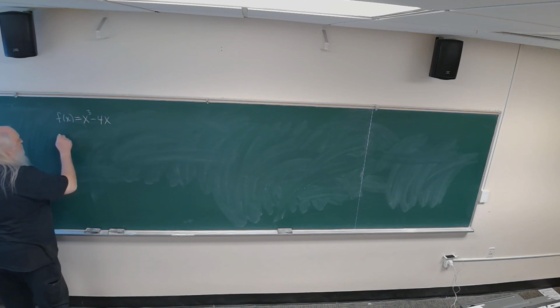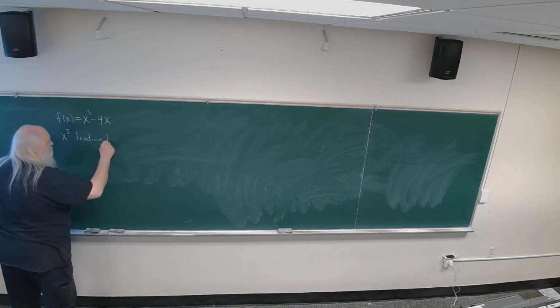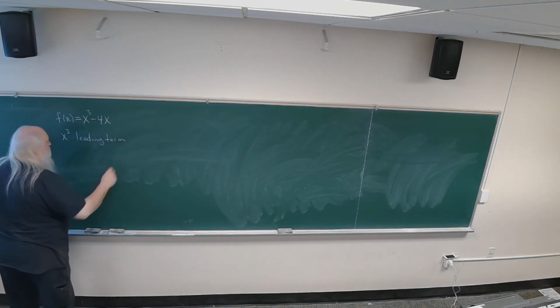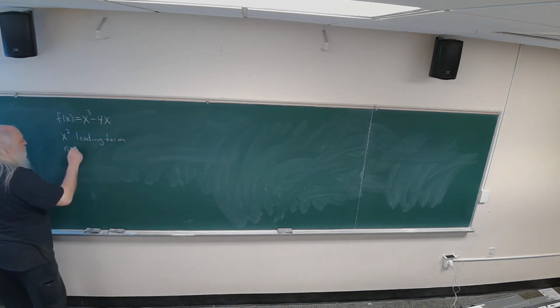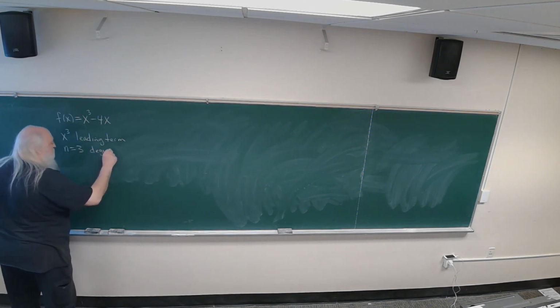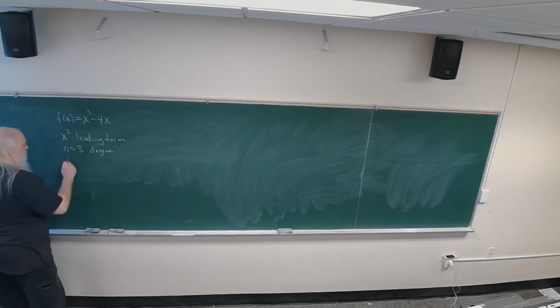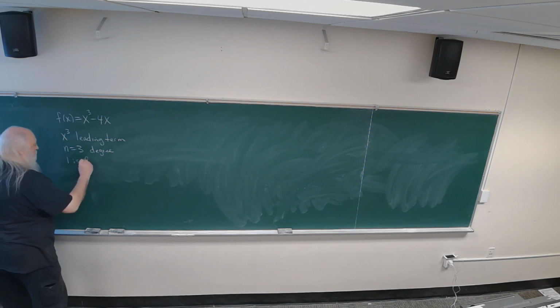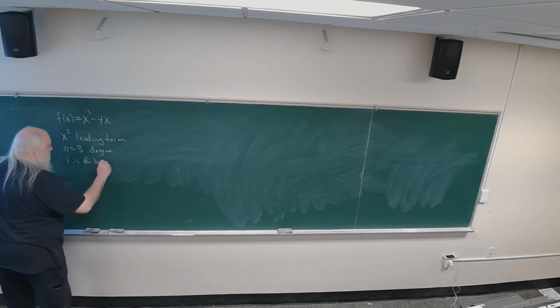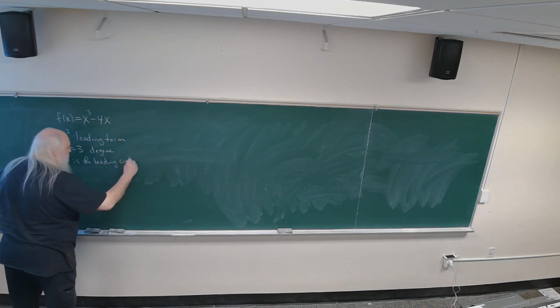So x cubed is the leading term. N equals 3 is the degree of the polynomial, which is odd. And the leading coefficient is an invisible 1, which is positive, excuse me.